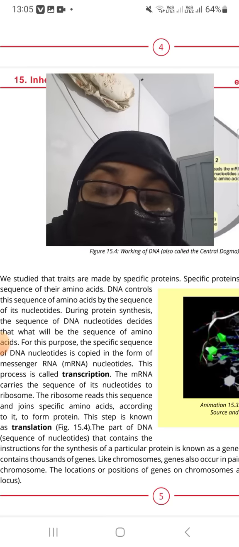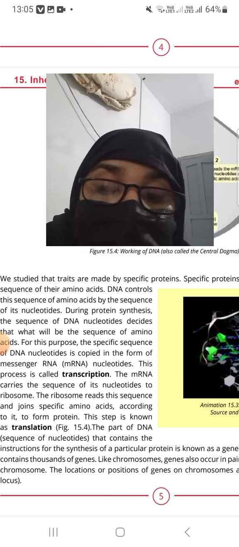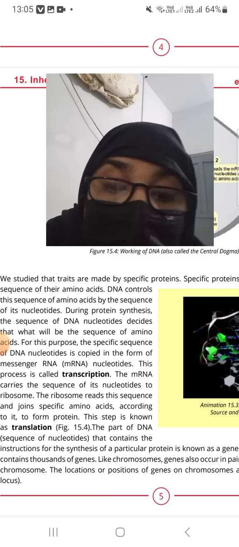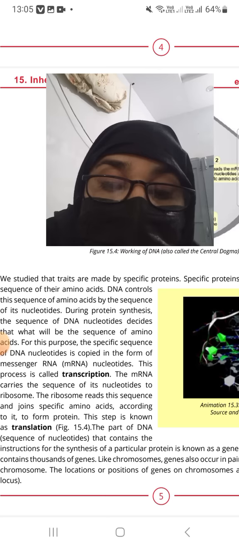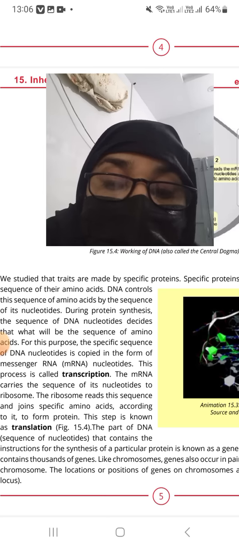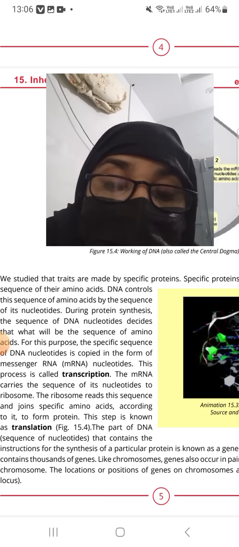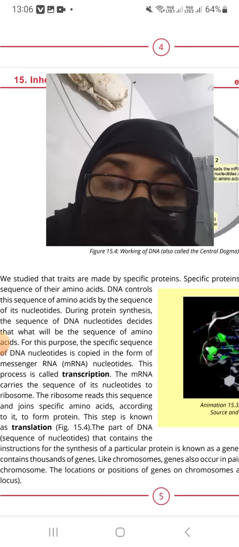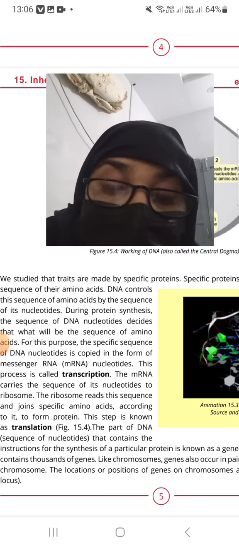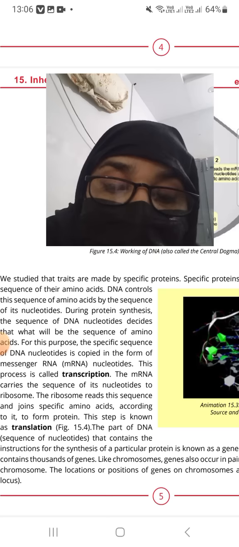This process is called transcription. The mRNA sequence is then joined to specific amino acids according to the instructions in each portion. This step is the translation, figure 15.4. Part of DNA in the sequence of nucleotides contains instructions for synthesis.